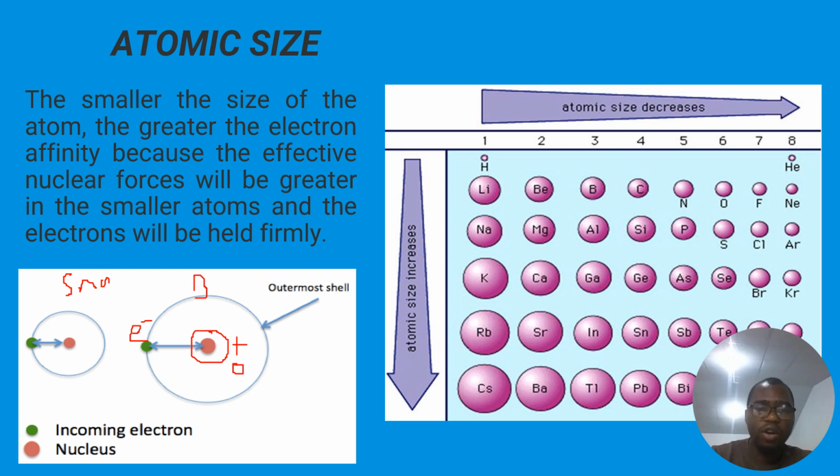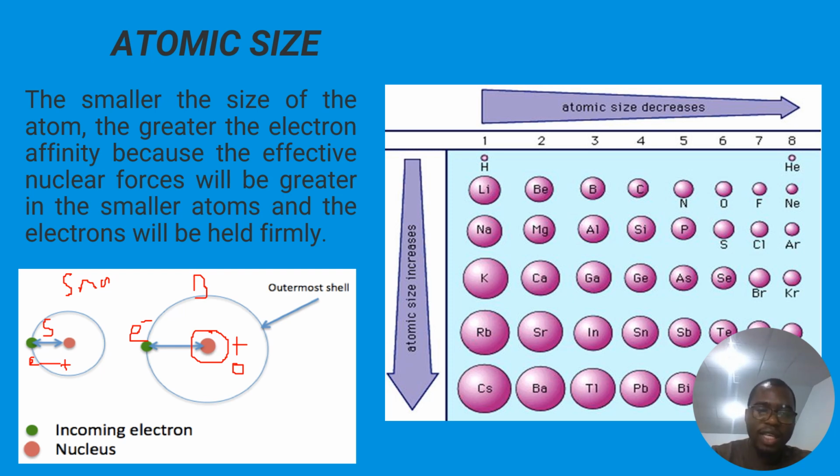Now, it follows that the shorter the distance, the stronger the electrostatic force of attraction. So when we look at the small elements, the distance here is short. So we have a short distance, meaning the attraction between the negatively charged electron and the positively charged nucleus is stronger compared to when there is a bigger distance between the electron and the proton, as in this bigger atom here.